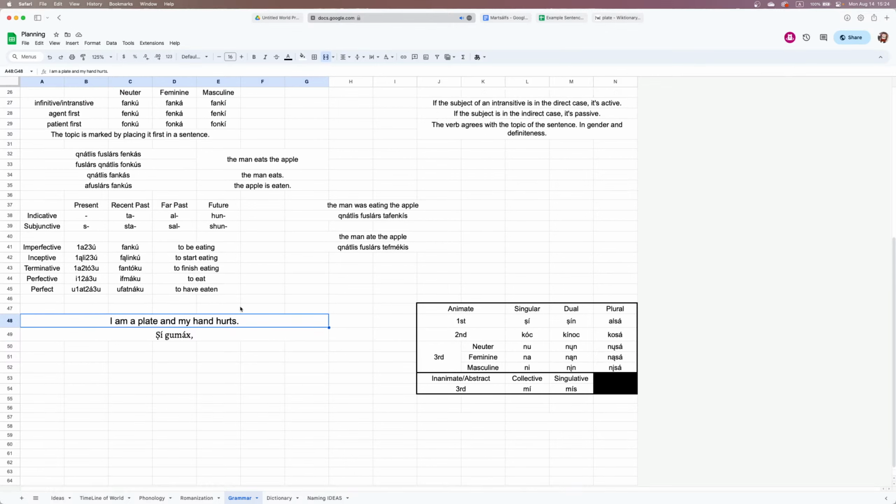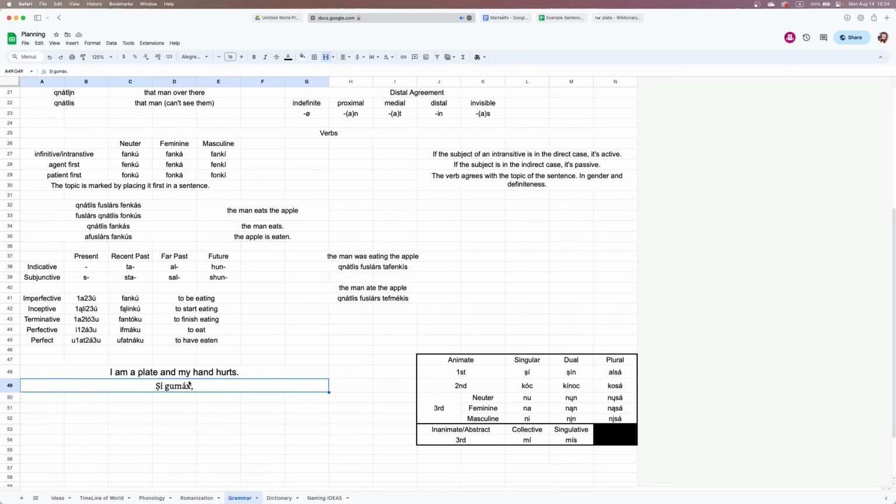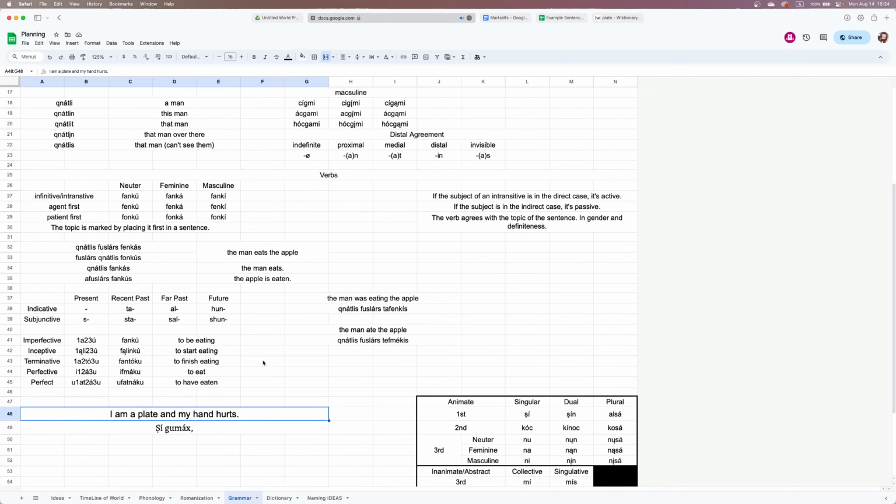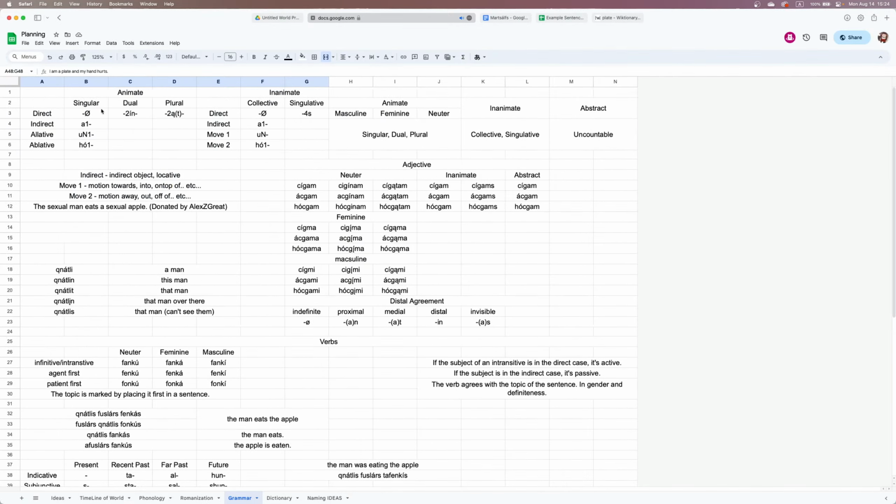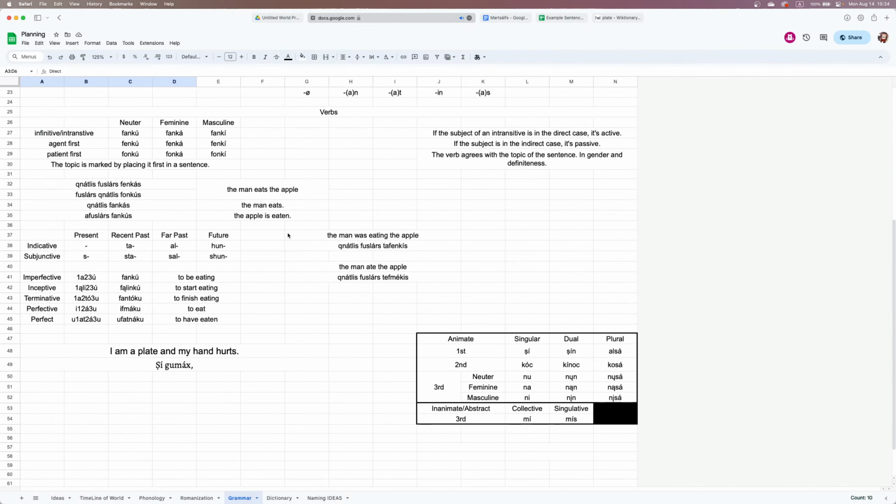And then, oh, my plan for the pronouns doesn't mesh well with my direct, indirect. No, it can work. It can definitely work.